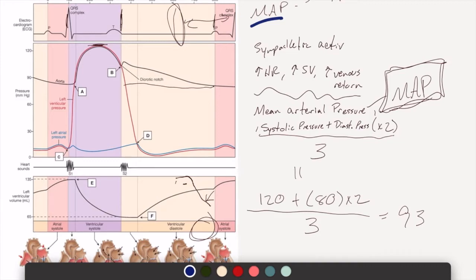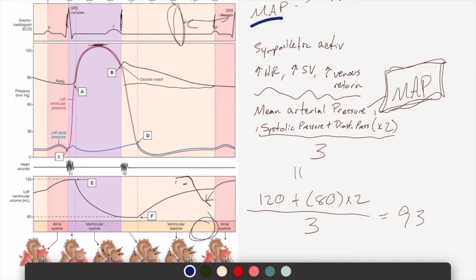But as flow goes up, pressure is going to go up, and that's just because you're putting more fluid through the hose or the artery. But as arteries clamp down, that's going to decrease flow. So it's an antagonistic relationship, but understand in some ways, as flow goes up, mean arterial pressure is also going to go up.